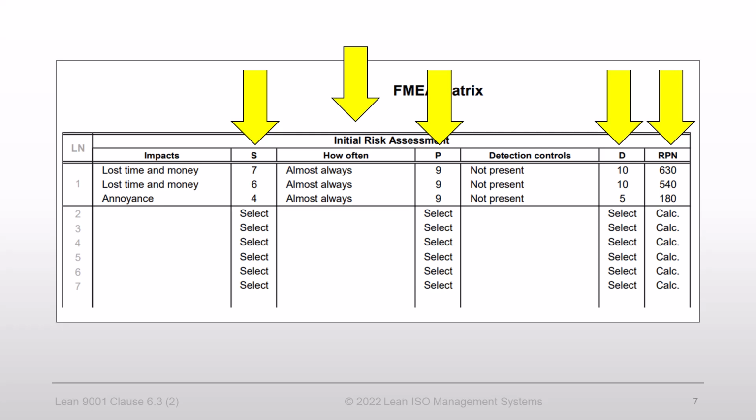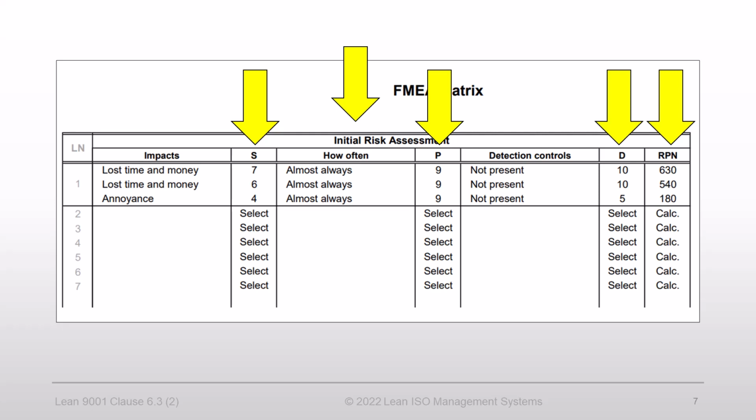For example, a document that is hard to follow results in severity 7 because of degradation of a primary function, probability 9 because it happens all the time, and detectability 10 because there are no controls in most systems. Multiplying severity by occurrence by detectability, we will end up with an RPN of 560.